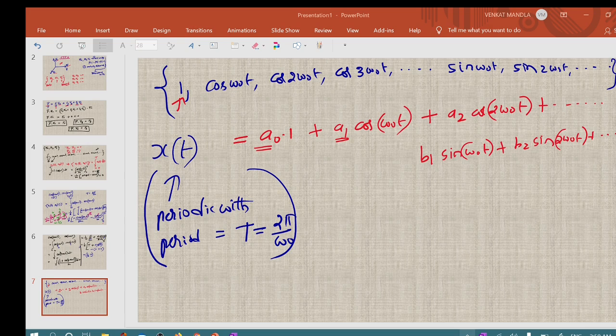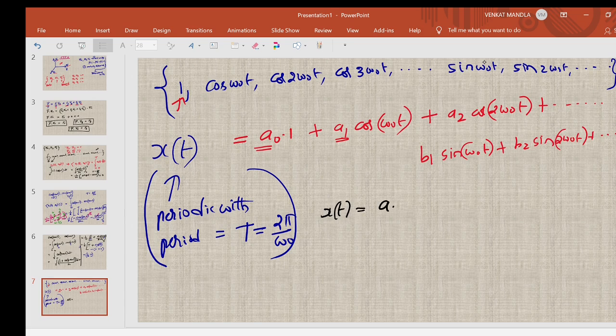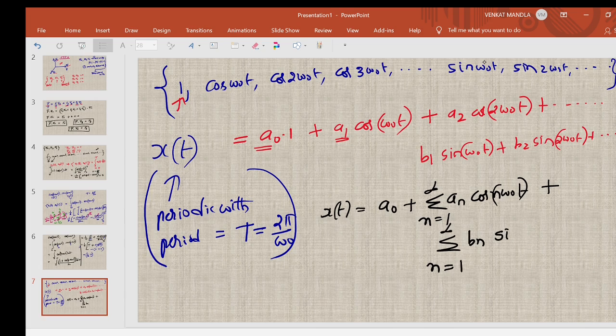So this x of t can be represented as a naught plus summation n equal to 1 to infinity an cos n omega naught t plus summation n equal to 1 to infinity bn sin n omega naught t, right?